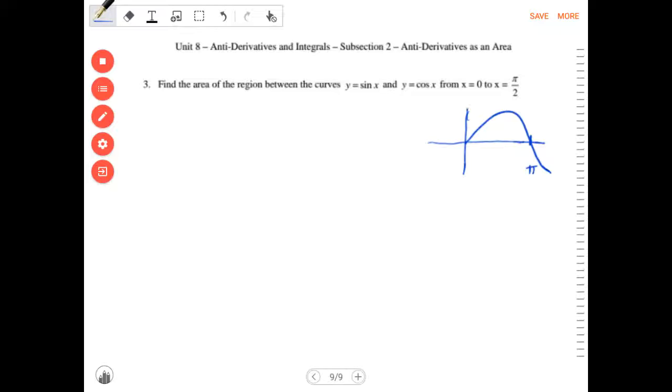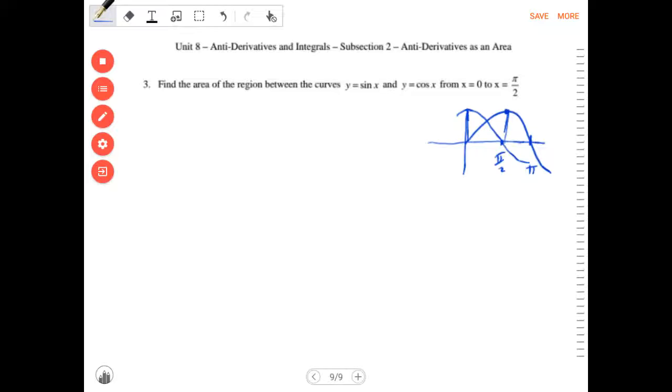And this top part's going to be at pi over 2. Now cosine starts at the top and goes downward, like so. All right, so the region we want is from pi over 2 to 0.